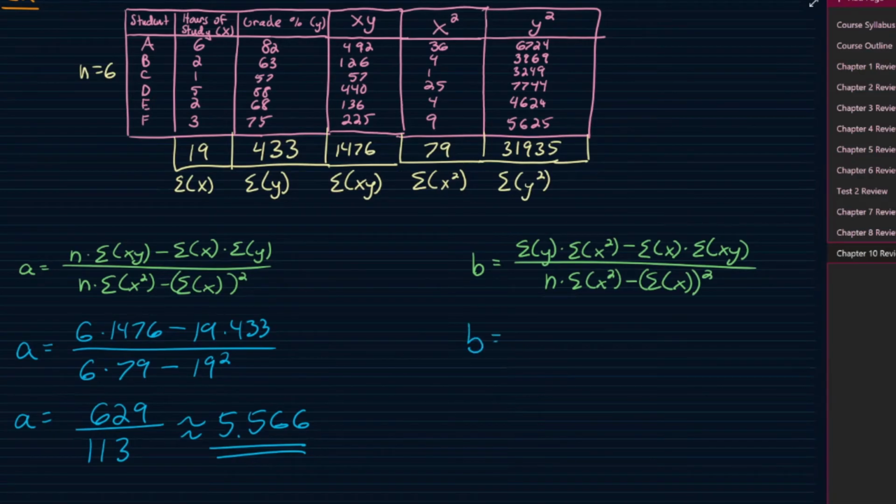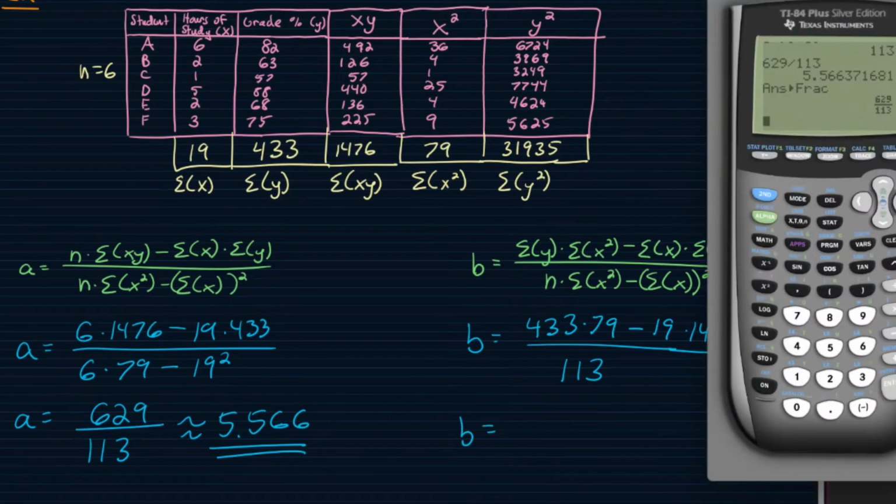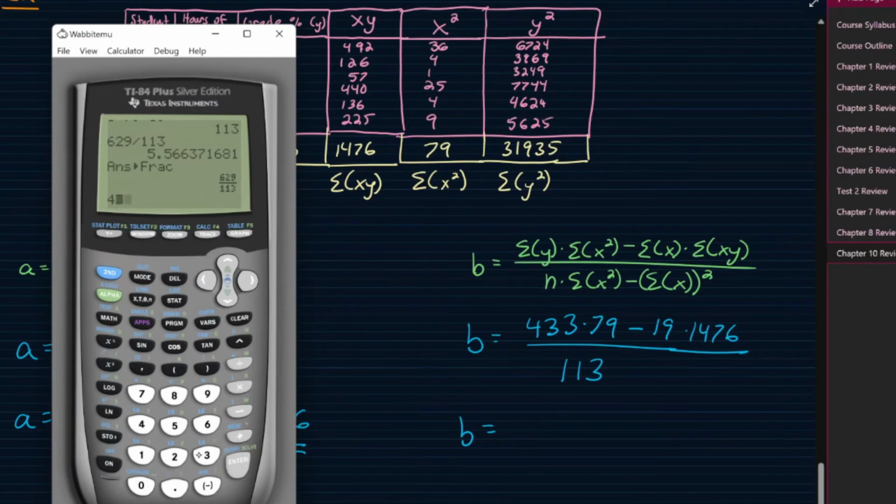And so let's see what we get here. Again, our denominator is 113. We already calculated that. It's the same denominator in each formula. The numerator, though, we'll get here: 433 times 79 minus 19 times 1476. Okay, what's the numerator? 433 times 79 minus 19 times 1476 is 6163.